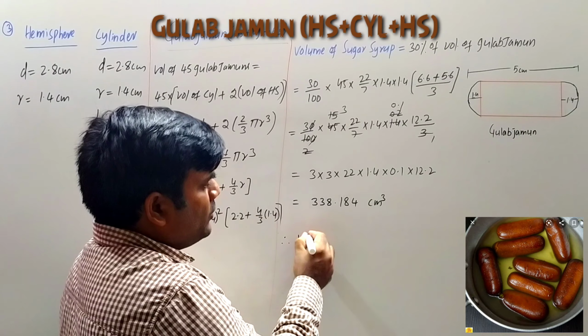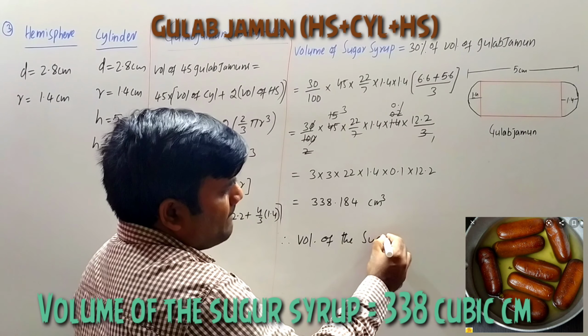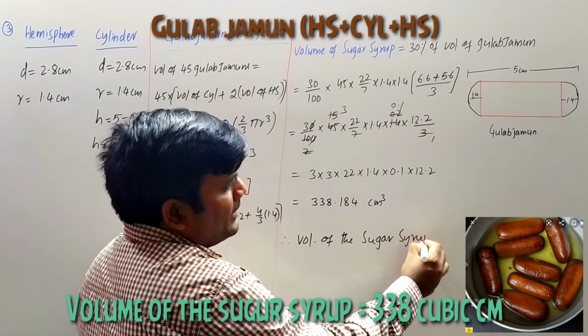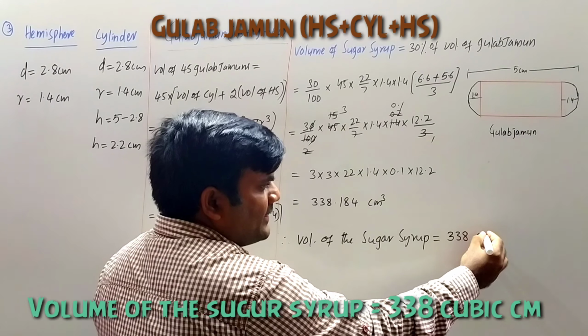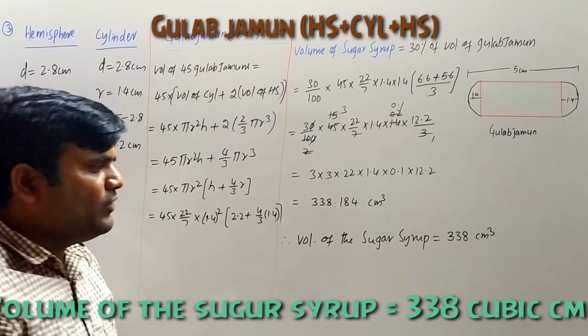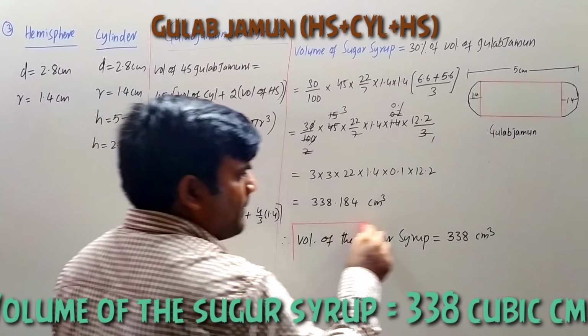Therefore, the volume of this sugar syrup is approximately 338 centimeter cube.